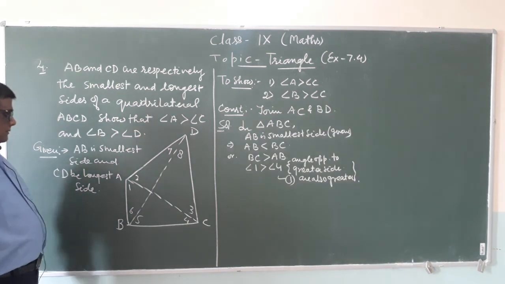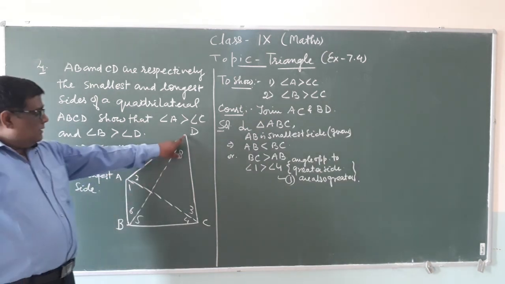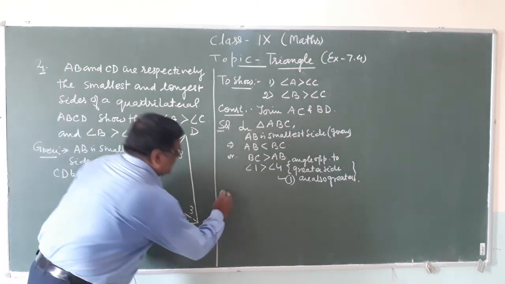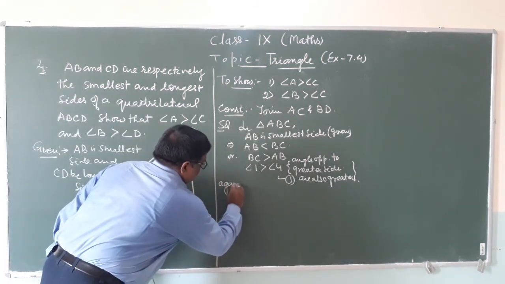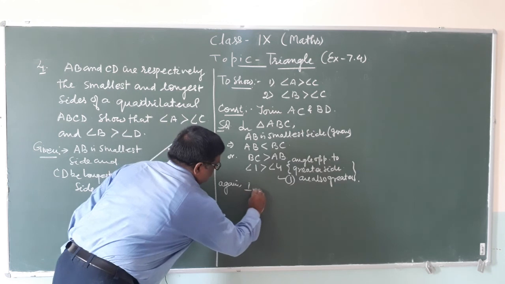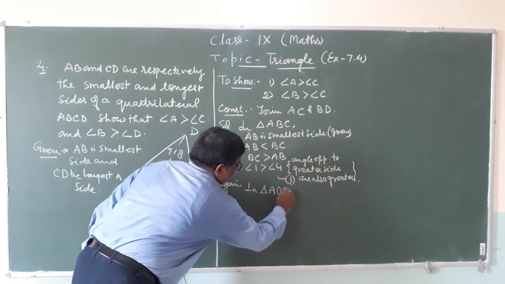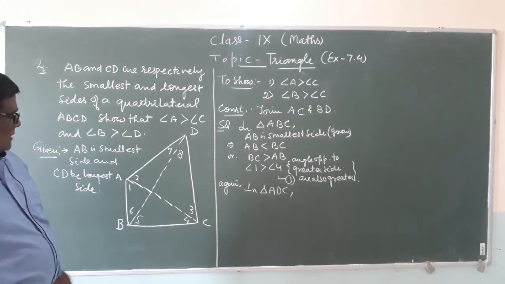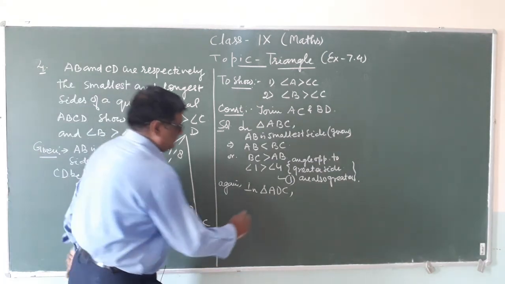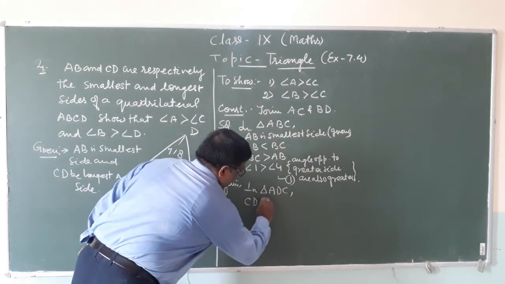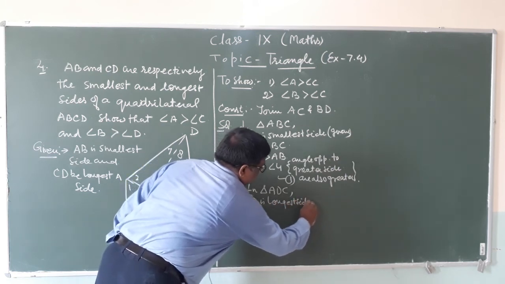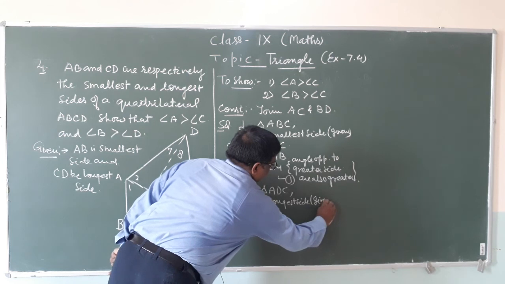This we take as equation 1. Again, in triangle ADC, CD is the longest side. This is our given.